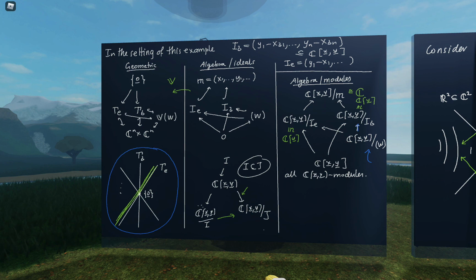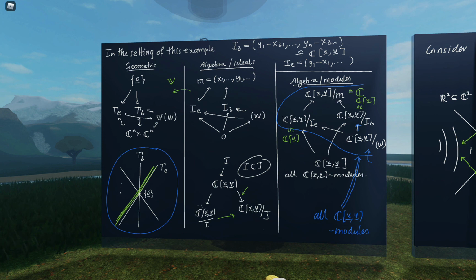Now, since there's these maps of algebras, that means that everything that's sort of upstream from that guy there, these things are all modules over that ring. Which is another way of saying that you can take any polynomial from the quotient by W and just multiply it by a residue class here, and the result will be well defined because of the fact that W is in that ideal. So you can define the action.